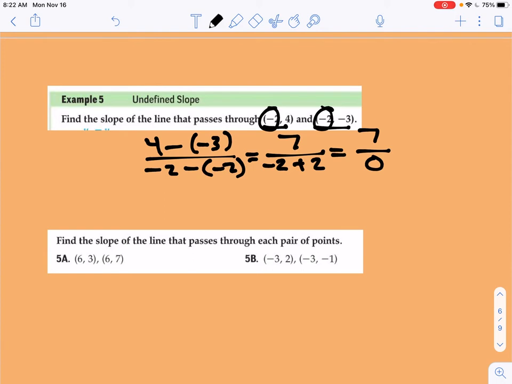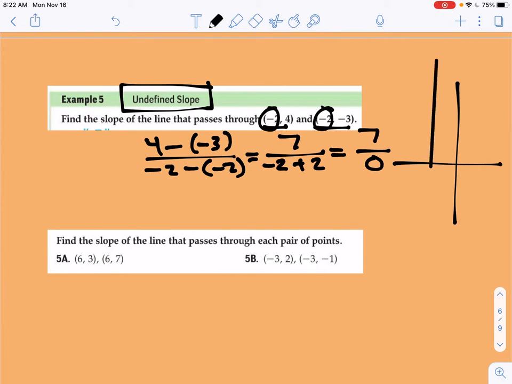Because of that, when your x coordinates don't change from one point to the next, your slope is called undefined. What that looks like in this case is a line that goes through the x-coordinate of negative 2 and is just a straight up and down line.